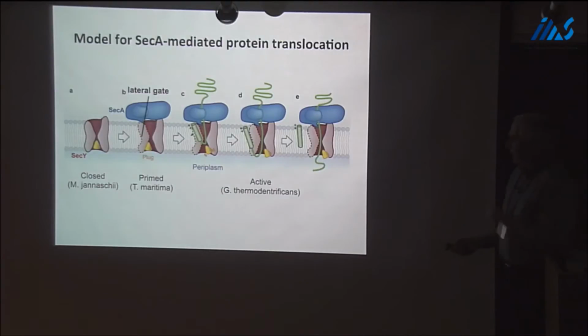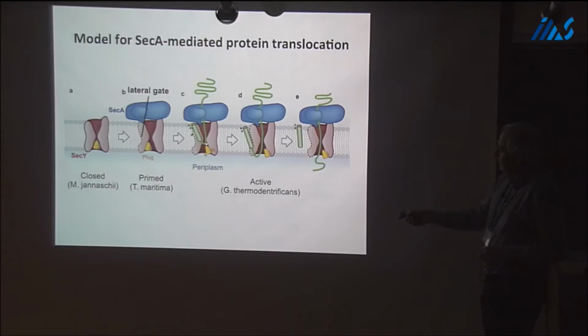And so this is my final slide where we basically, on the basis of these structures, can propose a mechanism. So we're starting with the idle channel. Then the SecA protein binds. This opens up the lateral gate to some extent, not entirely, but it's a partially open gate. Now the translocating polypeptide chain inserts as a loop with the positive charges retaining the N-terminus on the cytoplasmic side.